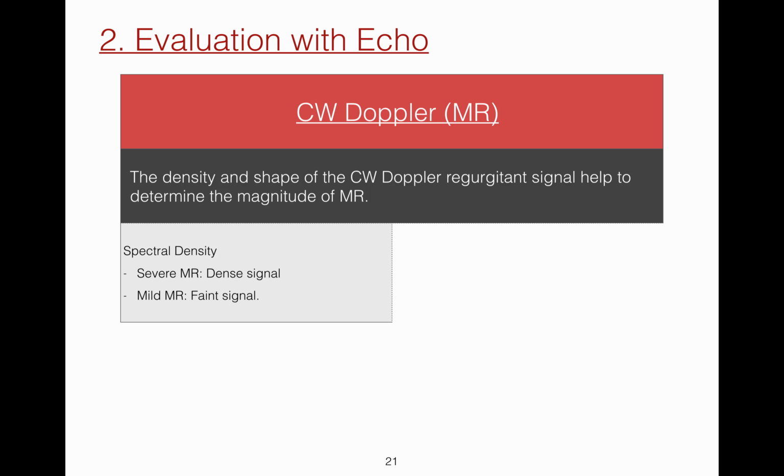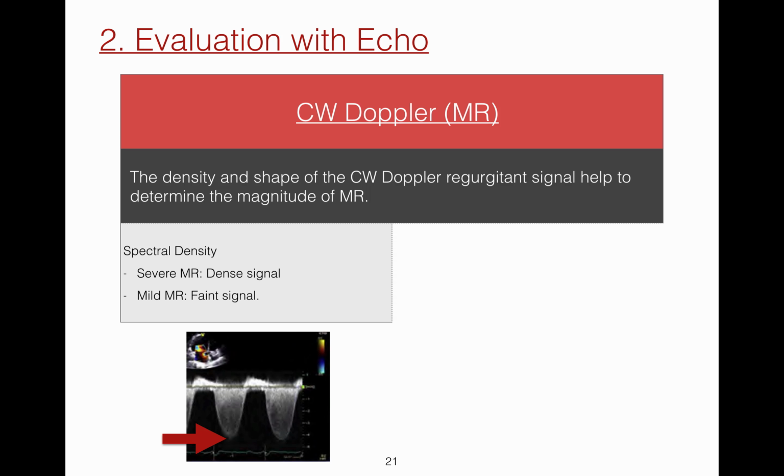Continuous wave Doppler. The density and shape of the CW regurgitant signal help to determine the magnitude of mitral regurgitation. Firstly, the spectral density.